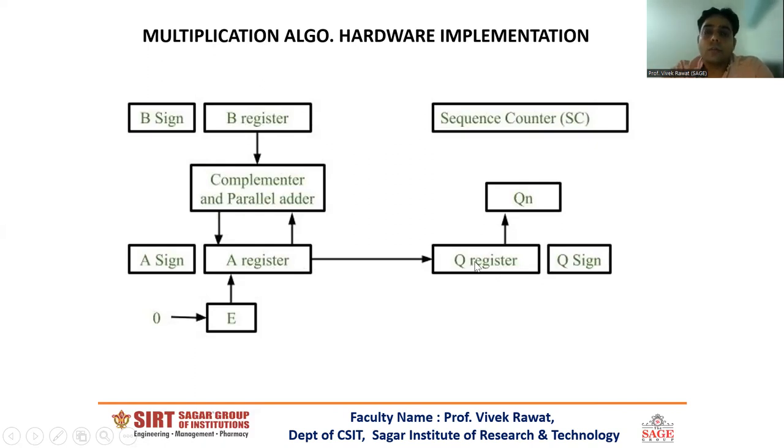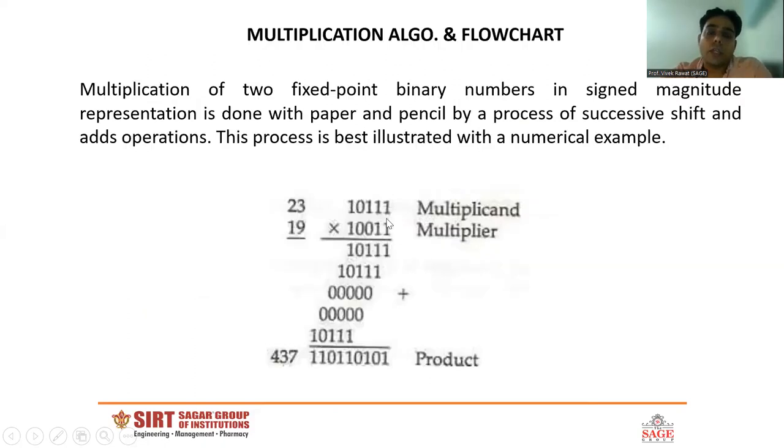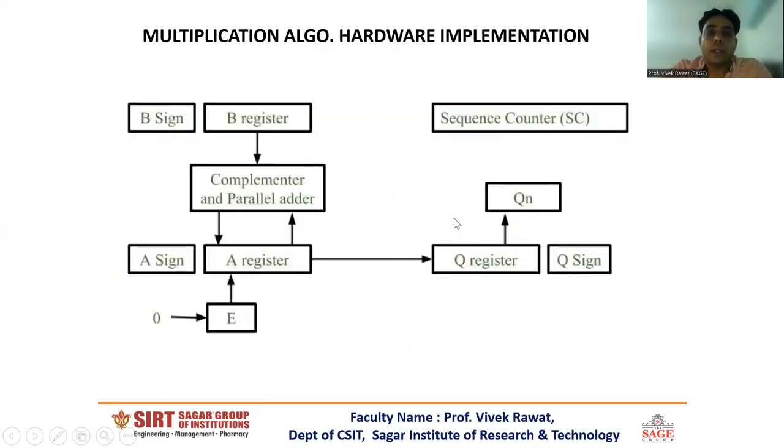In this multiplication algorithm, how do you save the digits, and how does the ALU decide which number goes with which register? Here you can see the number 23, which is a multiplicand. We need to save this number in either the B register or the Q register.